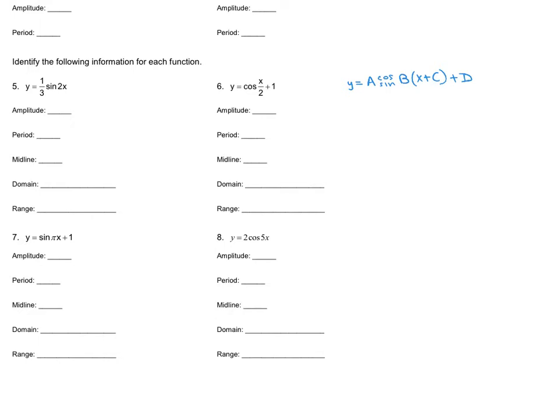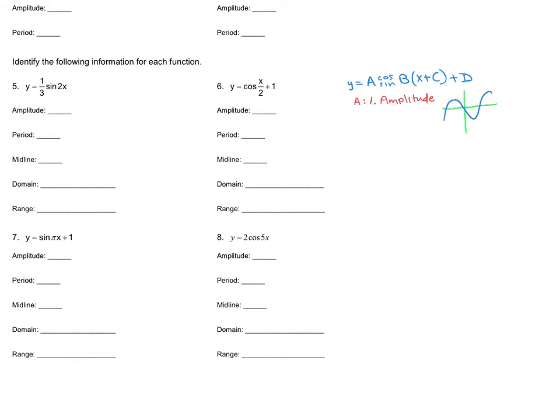But I'll go quickly in detail over what each of these variables means. So the A variable determines the number one, the amplitude. The amplitude is just the height that the graph goes past the midline. So let's draw a quick graph here, let's just say a sine graph.